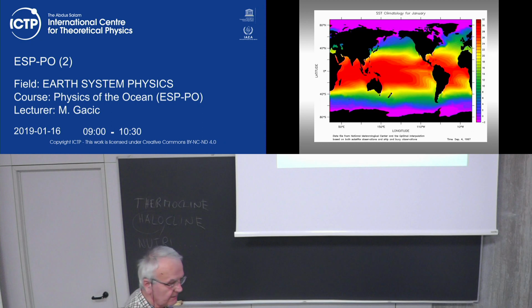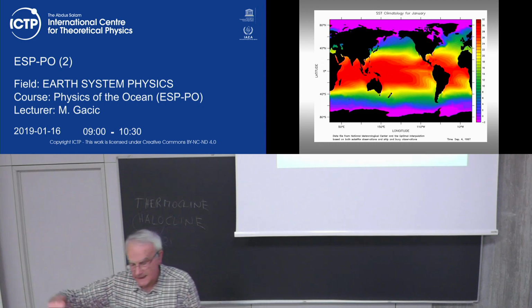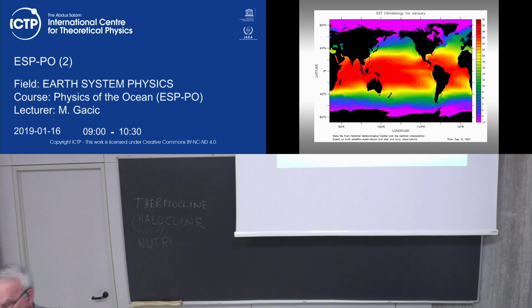In the world ocean, in areas where you don't have strong summer-winter differences, there is a permanent thermocline, the thermocline which is always there. The seasonal thermocline is at a depth on the order of 50 to 100 meters, while the permanent thermocline is at a depth of around 200 to 300 meters in the world ocean. Okay.